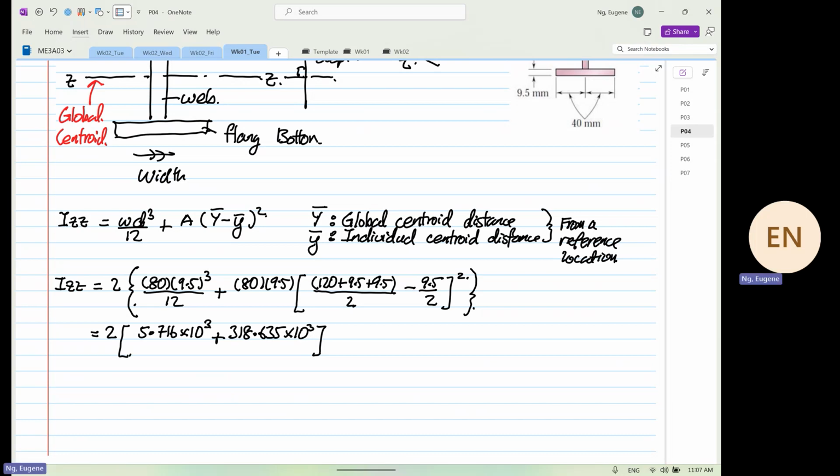Wait, 120 plus 9.5 plus 9.5 divided by 2 minus 9.5 divided by 2. Square the whole thing times 80 times 9.5. 3186 times 10 to the power 6. Okay.